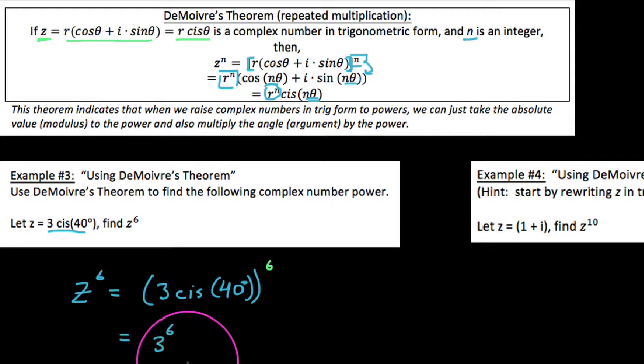DeMoivre's theorem states that all you have to do is take the modulus to that power, so 3 to the 6th, times cis 40 degrees times this 6.